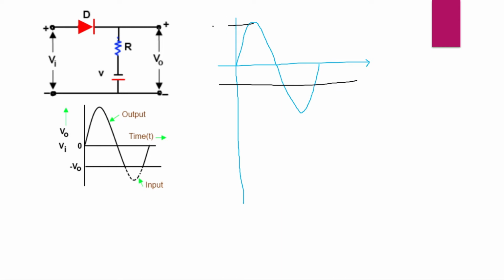So this is our peak to peak voltage of 5 volts. Peak voltage, this is minus 5 volts, and this is minus 2 volts because it is a negative bias.